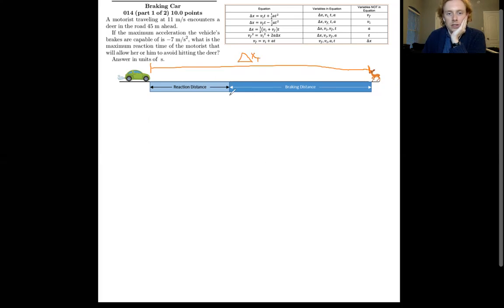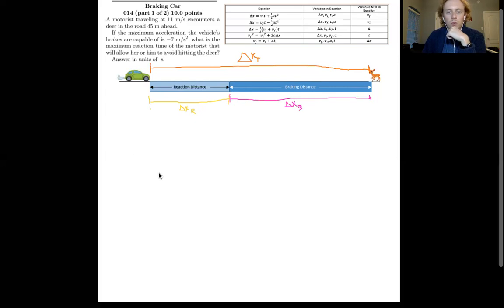I'm going to call this distance, braking distance, delta x with lowercase b, b for braking. And then I'm going to say, let's do yellow, this is the reaction distance. And I'm going to say delta x r.